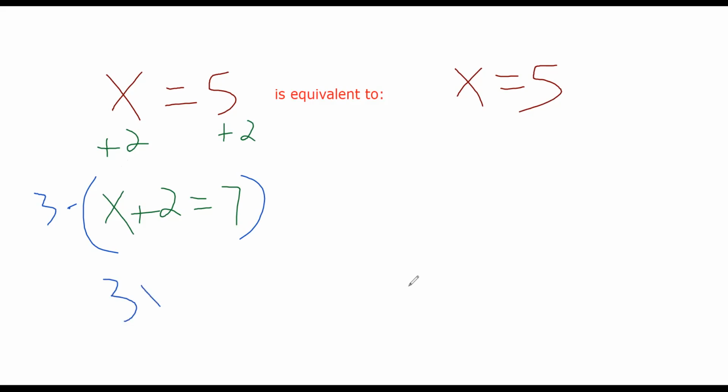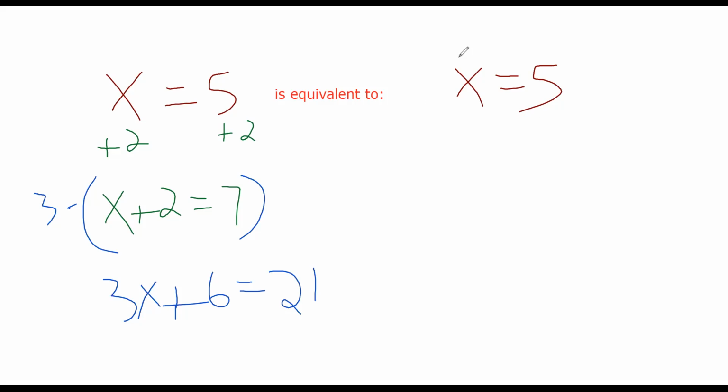So now I've got 3x plus 6 equals 7 times 3 is 21. Why? Well, I just picked some arbitrary numbers. Everything I've done, I've added 2 to both sides, I've multiplied both sides by 3. Those are allowable operations according to some of our rules for equality.